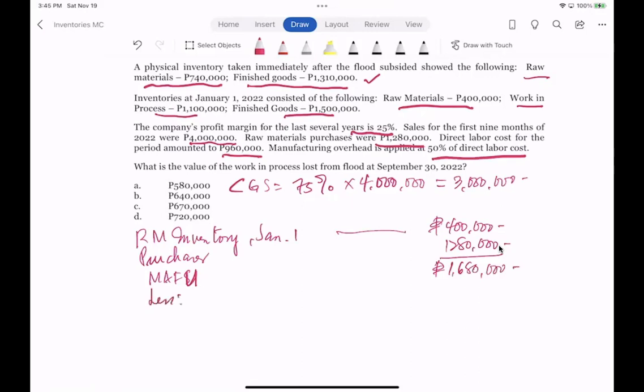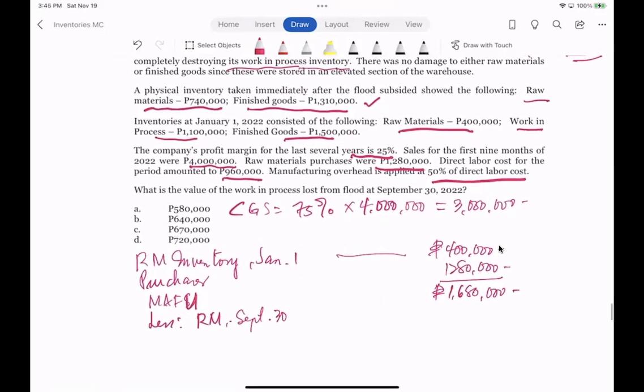Deduct raw materials at September 30. They were undamaged. We have 740,000 as given there.